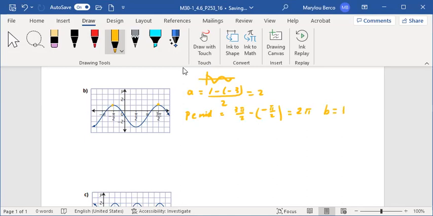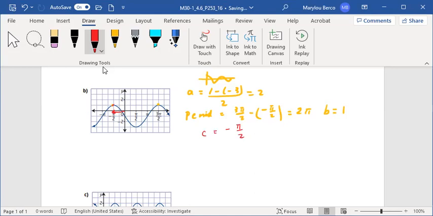The start of the cycle on the cosine curve is to the left of the y-axis. So we can see here, it's to the left of the y-axis. It's right here. So C equals negative pi over 2.